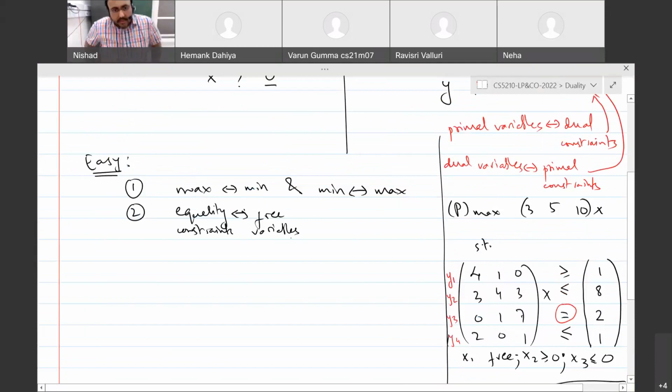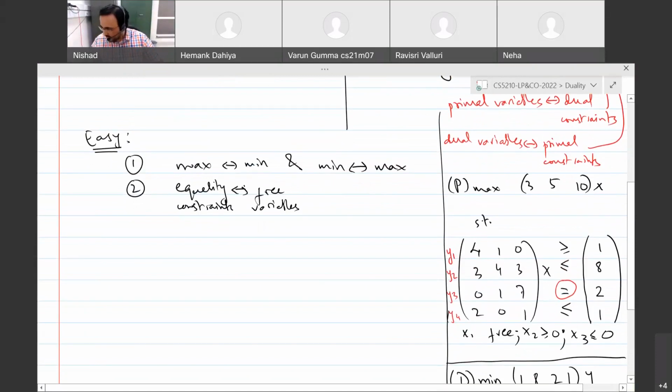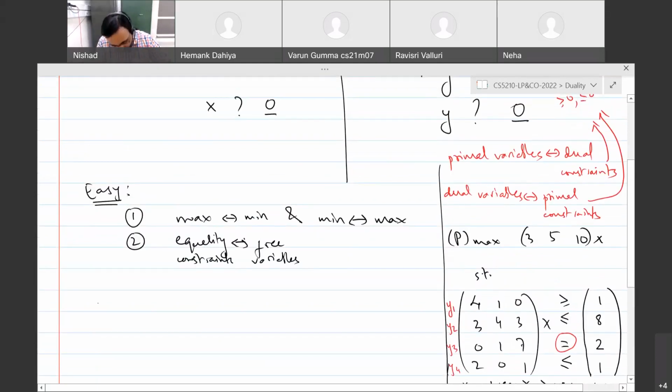That says everything you need to know. Is there anything else? All right, so those are the easy things, and now we need to figure out the rest.